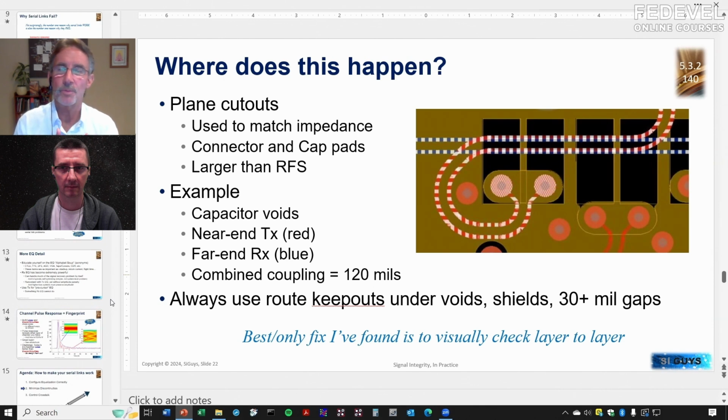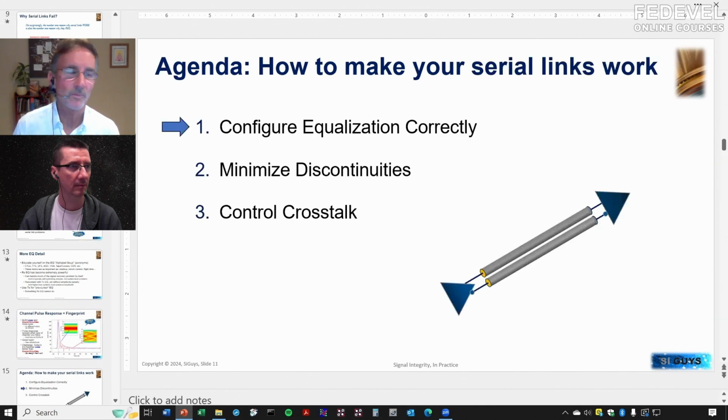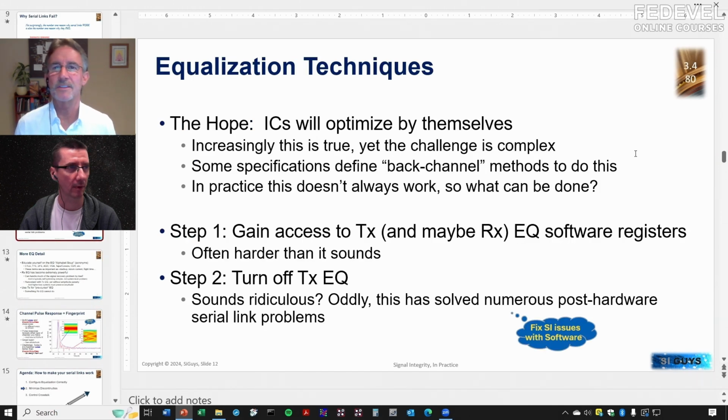But to our point about equalization, more and more specifications are trying to auto negotiate the equalization. That's the hope, that the ICs will talk in what's called a back channel.